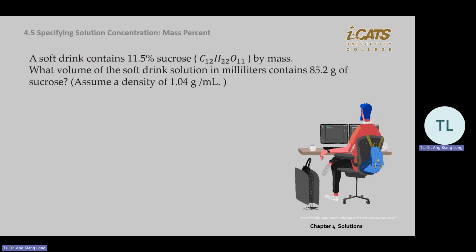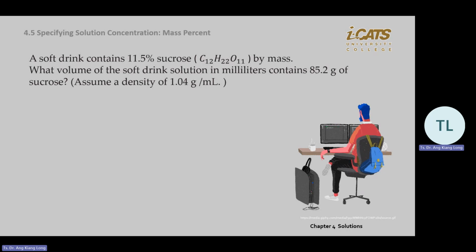You are given the density rho, 1.04 gram over ml. So to find this volume, you need to convert into mass because the definition of concentration is in mass. So you need to convert into volume.